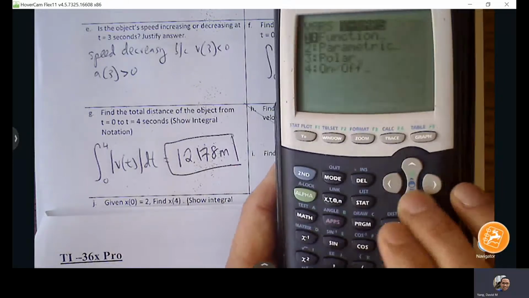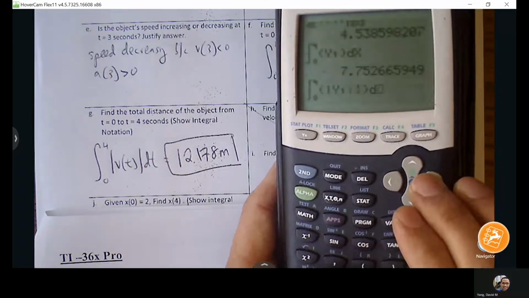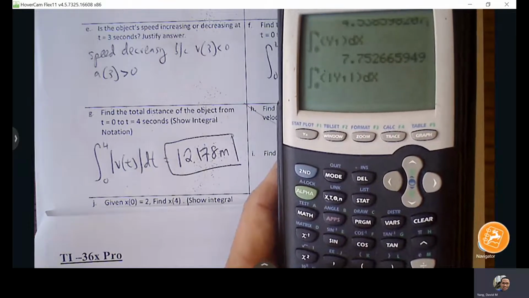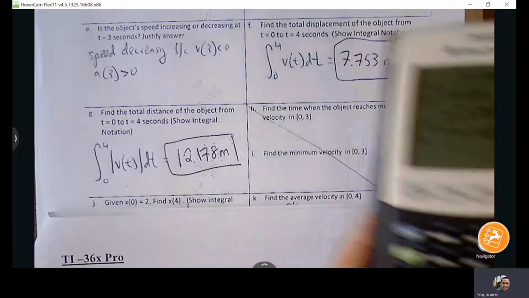Okay, type in your function. It may take a little bit longer, though, for the absolute value to take hold. So you should get 12.178.